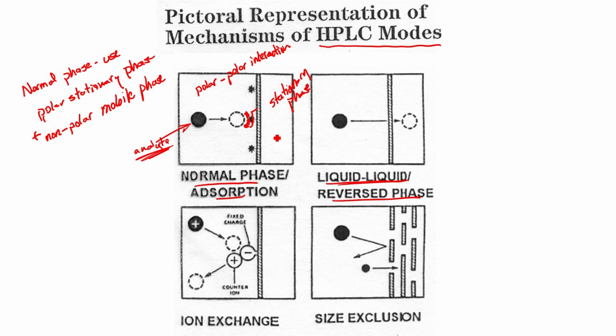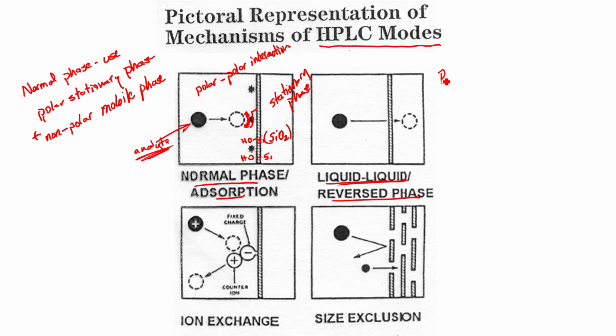So a typical stationary phase is silicon dioxide. All right, so it's a silicon dioxide surface, and then it's got SiOHs. So the surface of it is going to have the silanols, like we talked about in GC, a very polar surface. And things are going to stick to that based on how they have a dipole. Even if it's a temporary dipole, it can be induced by the strong dipole on the silicon surface. You can also have an aluminum surface. There's a variety of different things you can use.